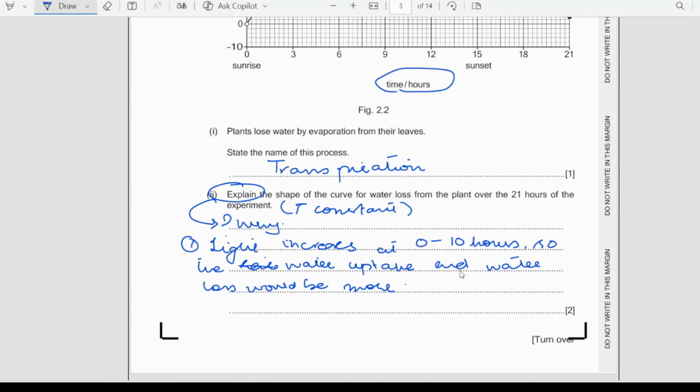If there is photosynthesis, there would be production of glucose, which causes the guard cells to swell. If there is no photosynthesis, guard cells won't swell up or become turgid, so the stomata would be closed. So photosynthesis causes the stomata to open. If there is light, stomata will open.